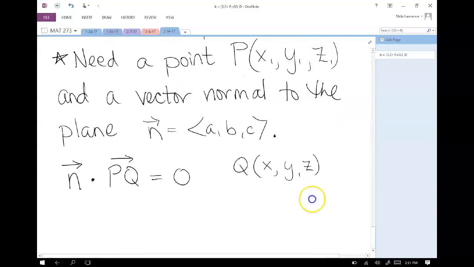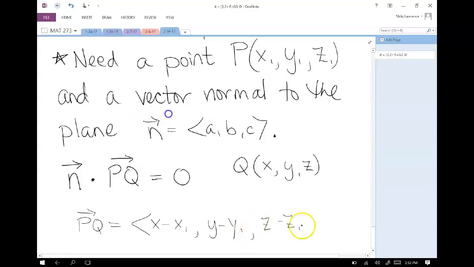So what this looks like, and you don't have to work this out every time, this is going to lead to an easier formula that we can actually do. Vector PQ, we're going to do the Q's minus the P's. So this is going to be X minus X1, Y minus Y1, Z minus Z1.